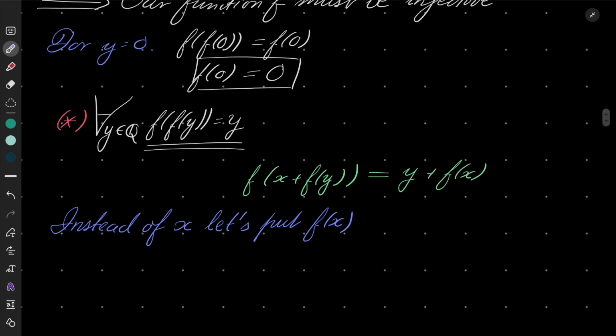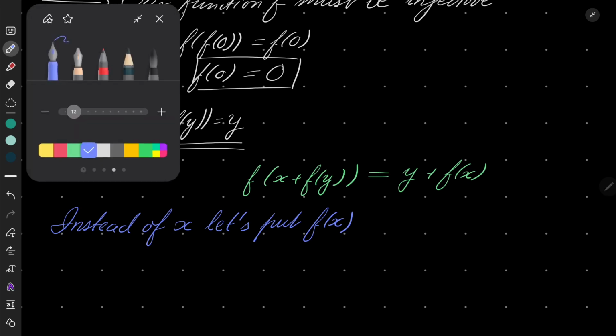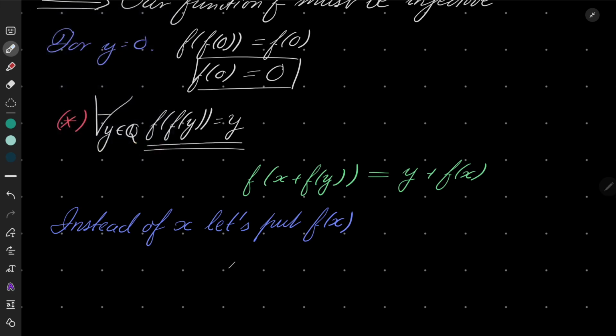So it should also be true after changing x and putting f of x in its place. So we have now the following: f of f of f of x plus f of y equals y plus f of f of x.